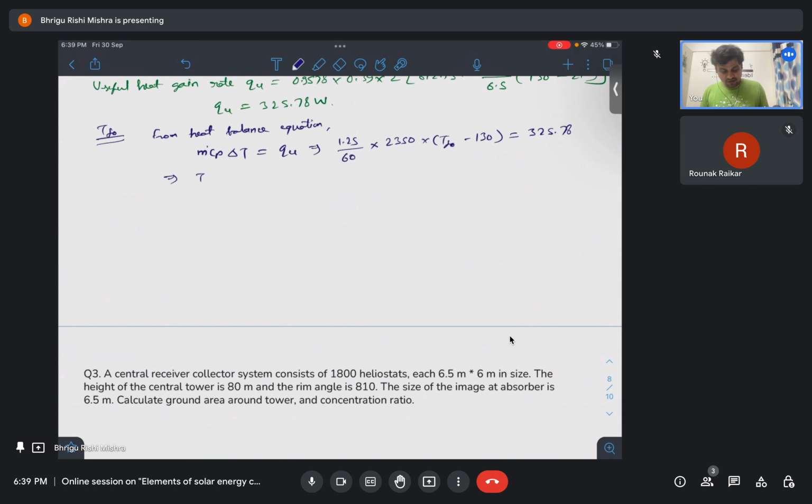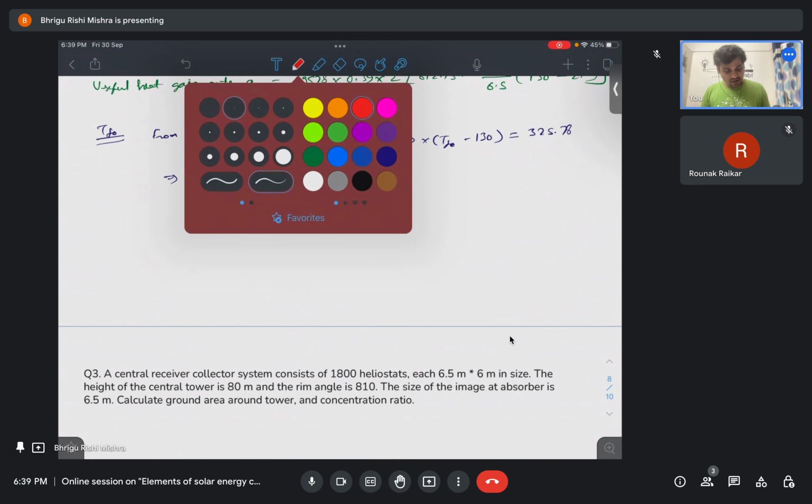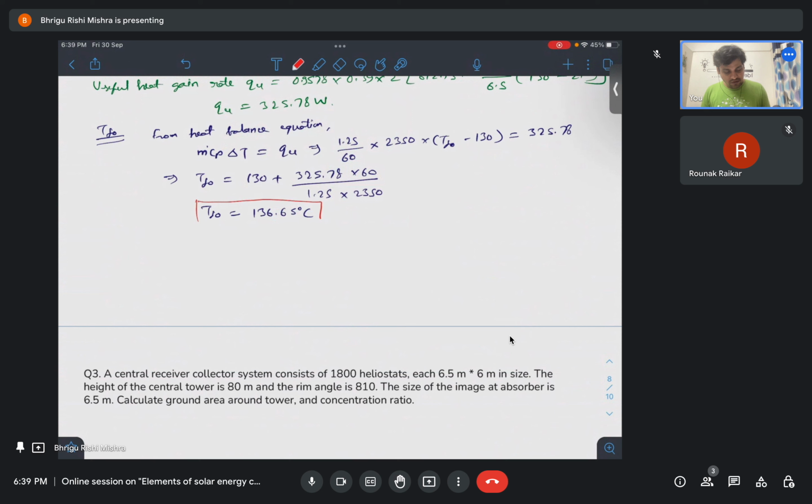So if you solve this, TFO equals 130 plus 325.78 into 60 divided by 1.25 into 2350. So TFO is 136.65 degrees centigrade. Okay, so this is the outlet temperature. So if you can see, the increase in temperature is equal to 6.65 degrees centigrade.